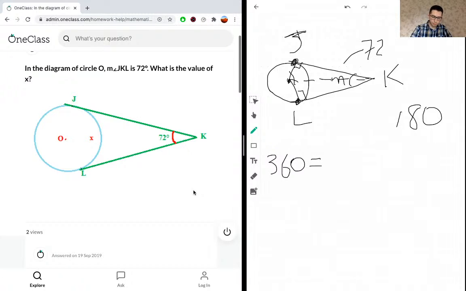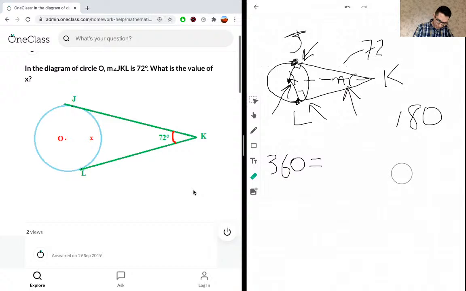So we have four angles here. We have one angle here, 72. So we can just put that right in. And then the next angle we have is 90. And then we also have another 90. And then we have angle X. Let me just write this a little smaller so it's all in one line.